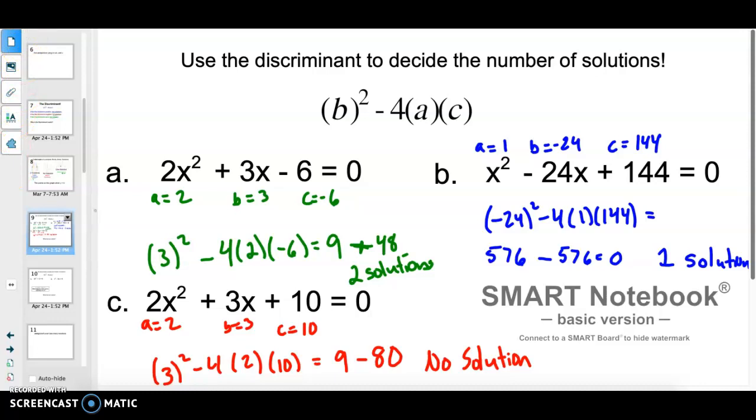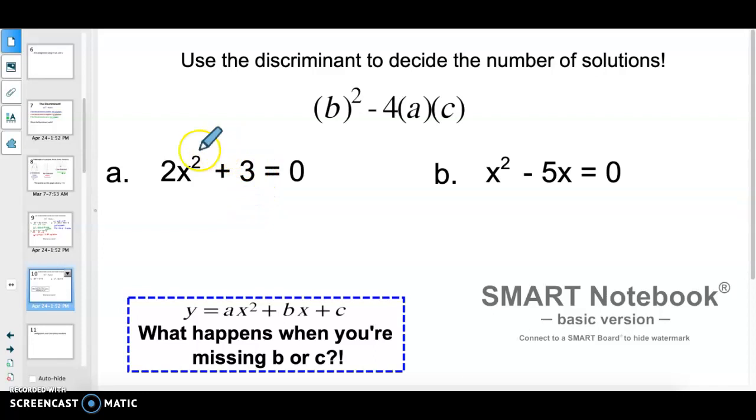All right, hopefully that was helpful. Before we go, I want to look at the 2 special cases. Sometimes the quadratic equations are missing parts. Here you can see that A is 2, and A we know has the x squared with it, because we've got ax squared plus bx. I'm missing that bx term. When you're missing a term, you're going to plug in 0 for it.